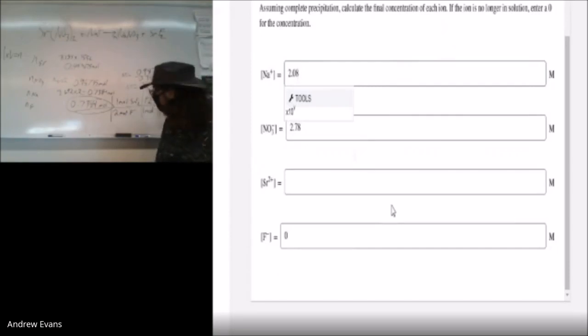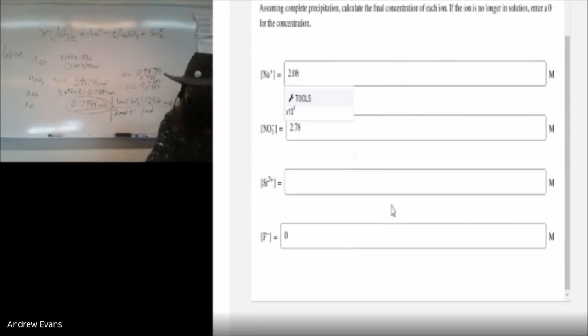So breaking that down, how much strontium do we need? Well, how much strontium would react with the fluoride? So we had 0.7384 moles of fluorine.